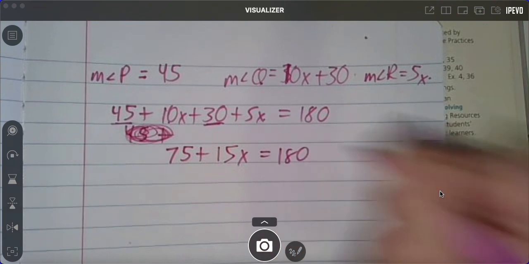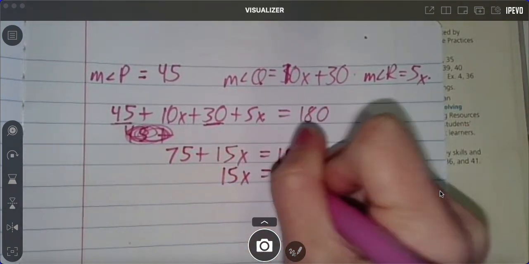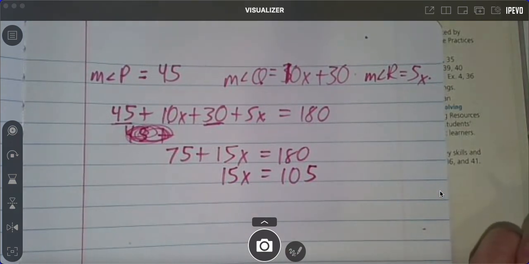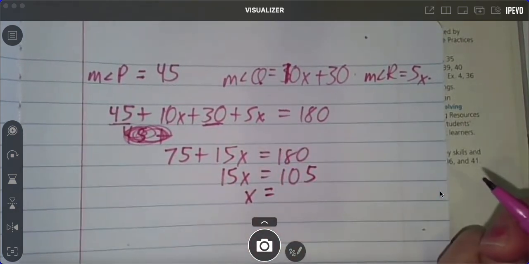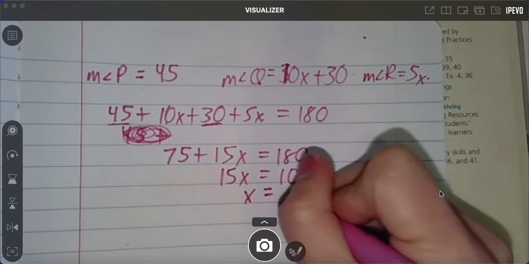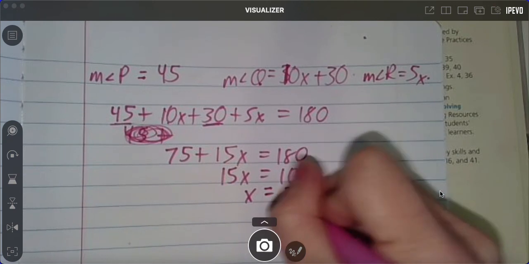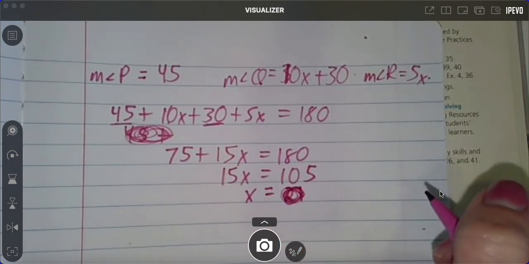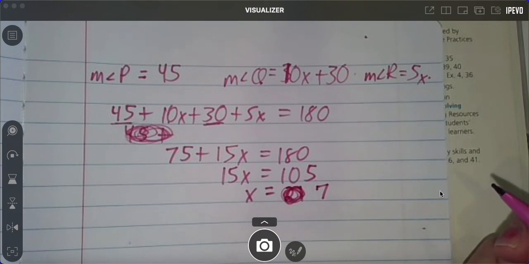Then how do I solve? Subtract 75. So I get 105. Then what? Divide by 15. What's 105 divided by 15? 7. So x is 7.